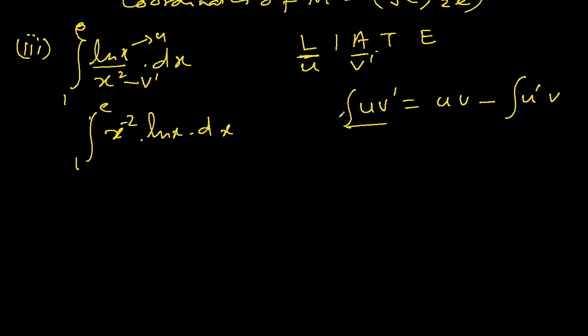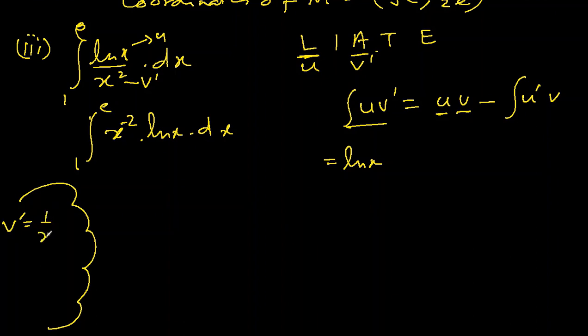Okay, so this is the question we have already here. u, we already know, is ln x. We have v prime as x to the power minus 2, which is 1 over x².